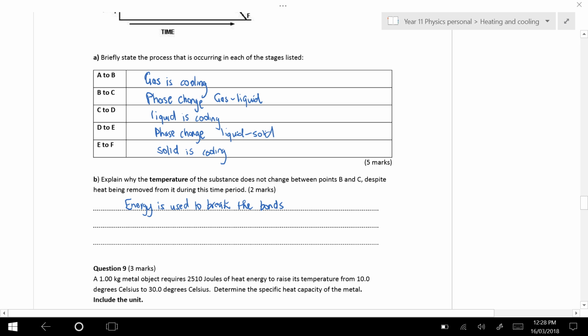And it requires energy to change the state from a gas to a liquid.